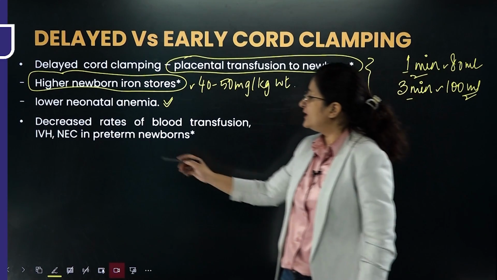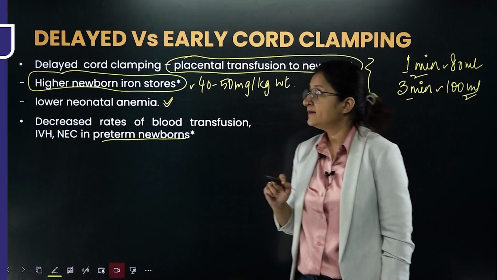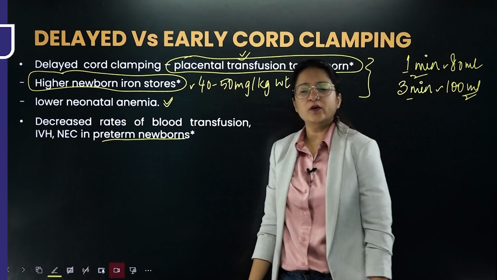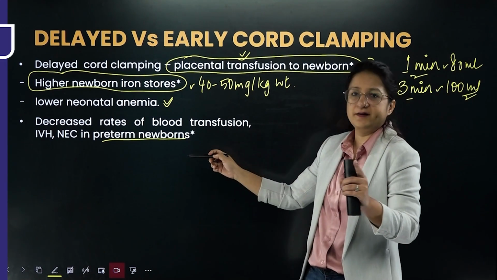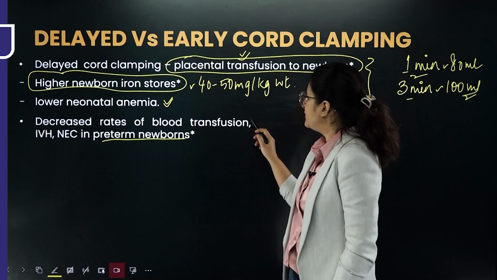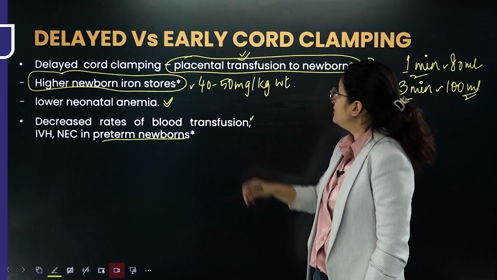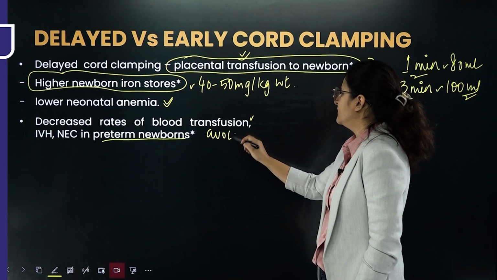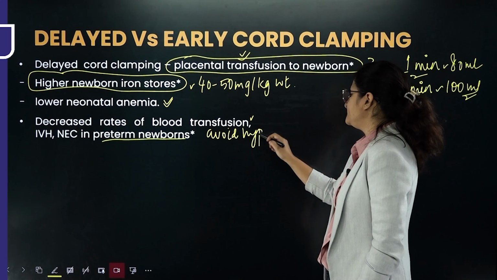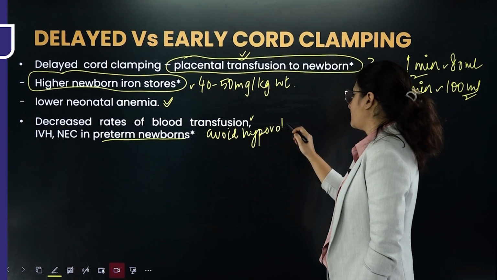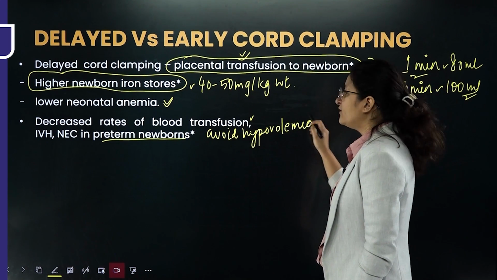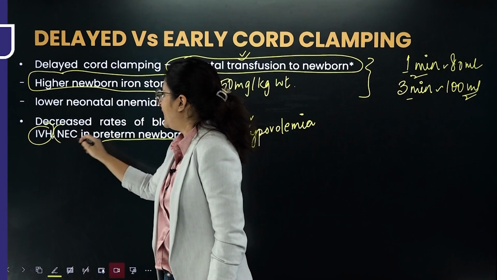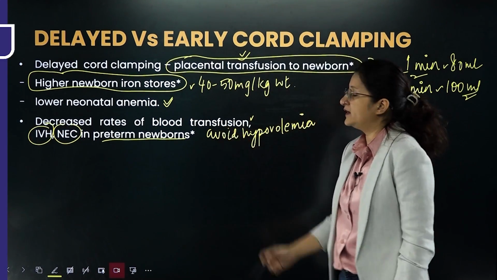Now, as far as the preterm newborns are concerned, this placental transfusion will also happen in preterm newborns, and that is going to give them the same advantage. Decreased rates of blood transfusion have been seen. Placental transfusion will avoid hypovolemia and therefore also decrease rates of intraventricular hemorrhage and necrotizing enterocolitis in preterm newborns.